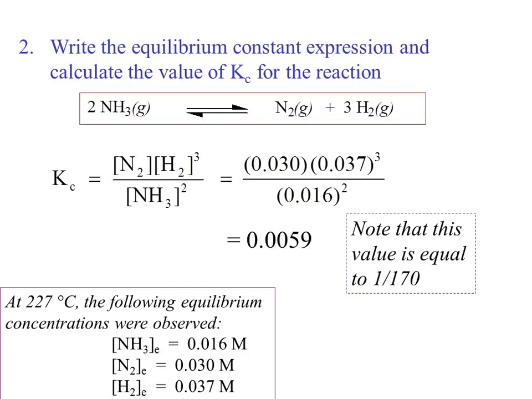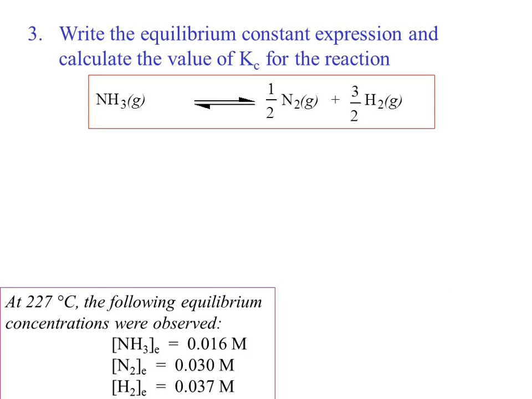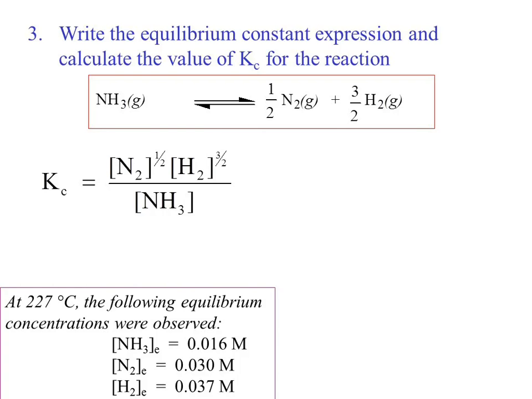So one more, equation 3. If you look back a few slides, equation 3 is related to this equation by multiplying through by 1/2. So here we go, equation 3. The equilibrium constant expression for this one would be N2 raised to the 1/2 power times H2 raised to the 3/2 power, divided by NH3 raised to the first power.